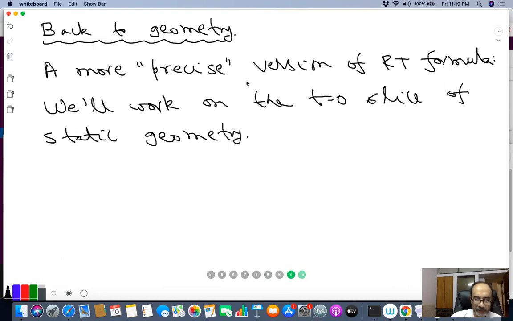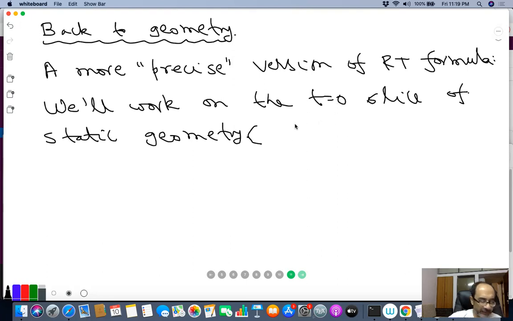Now, a more general version of this is known, where you can have geometries which are not static and you don't necessarily work in that t=0 slice, but on any spacelike slice, like any Cauchy hypersurface.